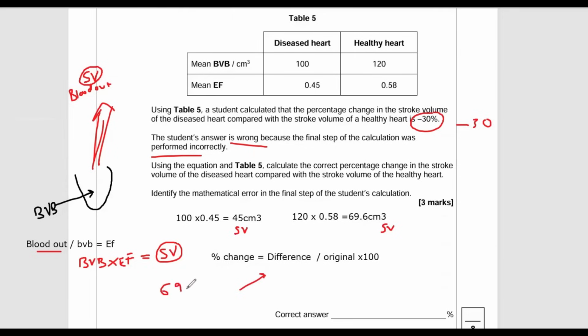Technically here we're going to do 69.6 take away 45, and that is going to get us the difference in the stroke volume is 24.6 centimeter cubed. We're now going to divide this by the original, which is 69.6 centimeter cubed, and we're going to times that by 100, and that's going to give us around about 35%.